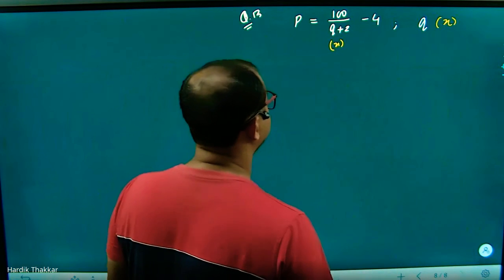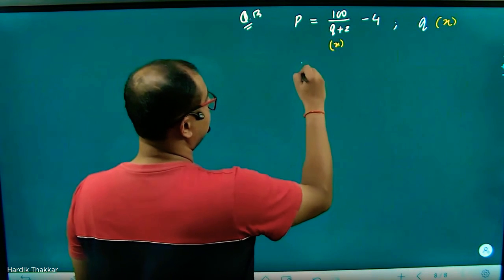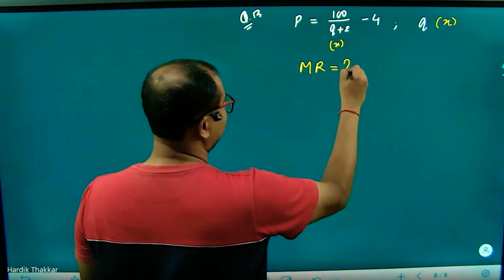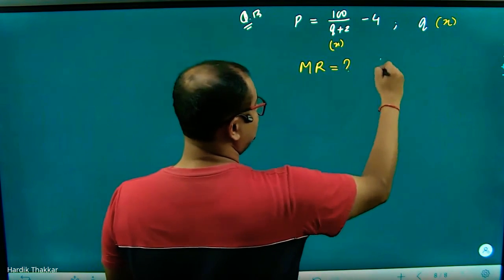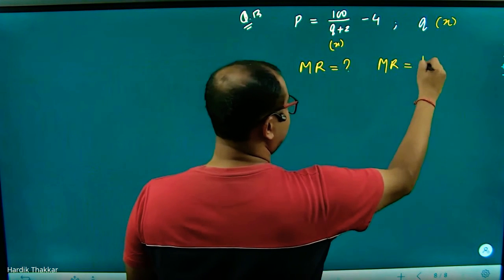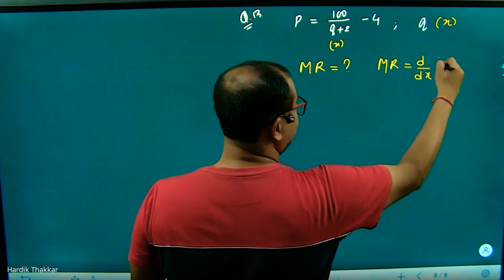Okay, so you have to find marginal revenue. MR is equal to what? d by dx of R of x.